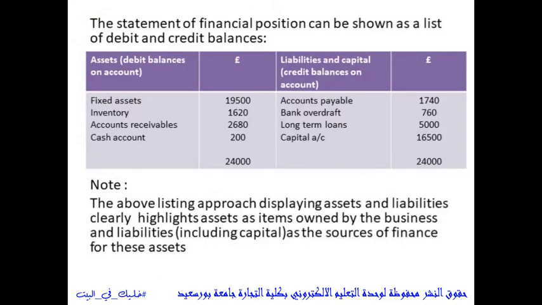The statement of financial position can be shown as a list of debit and credit balances. For example, assets or debit balances on account, such as fixed assets, inventory, accounts receivable, cash account, and liabilities and capital or credit balances on account, such as accounts payable, bank overdraft, long-term loans, and capital.